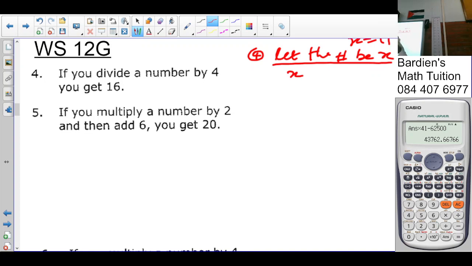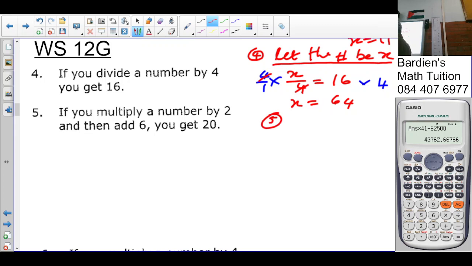If you divide a number by 4, you get 16. Okay. So how do I solve for x here? Times by 4 both sides. So I want to get rid of the fraction. Or I could have divided both sides by a quarter, it's the same. Okay, so that cancels, so x is equal to 16 times 4.